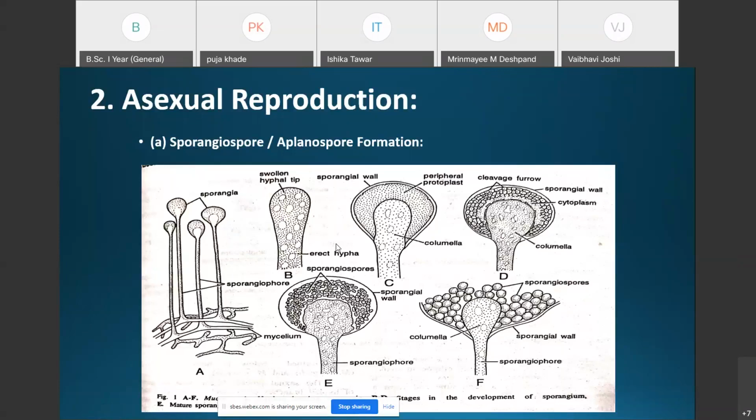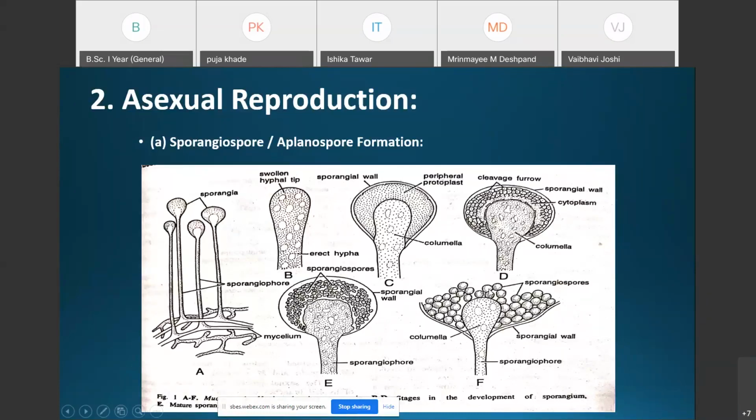Then how does the dehiscence of this sporangium take place, and how are the spores dispersed into the outer environment? At maturity, when the spores are developed in the sporangium, the sporangial wall completely dissolves, and the spores are usually attached to the columella.